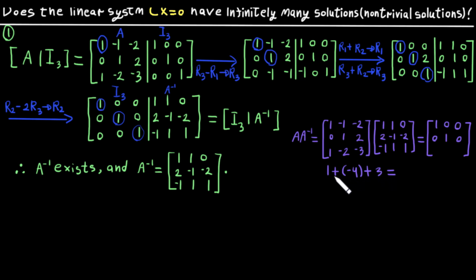So here 1 minus 4 plus 3 equal 1 minus 4, which is -3, plus 3, -3 plus 3 equal to 0. So here I have to write 0.